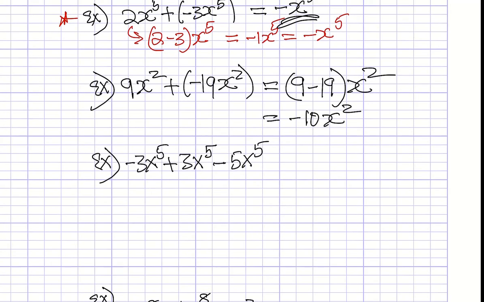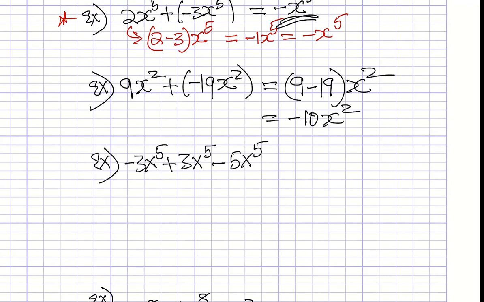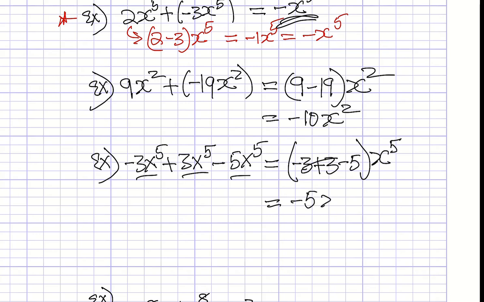Look at the next one. You see, there are 3 terms, 1, 2, 3, but they all have the same powers. So we can write it like this: minus 3 plus 3 minus 5. Since it has the same term, we'll write it like that. You did the stuff inside the bracket. What do you get? This cancels out. You get minus 5 right there. You see it, right? So you gotta keep your eyes on the ball, man. If you keep your eyes on the ball, this stuff is not difficult.